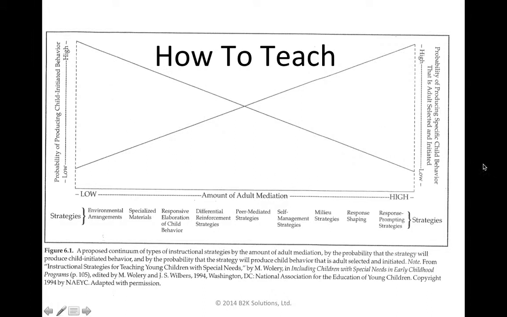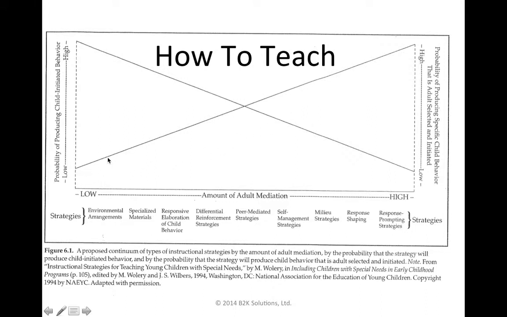So the way this grid works, if you will, is if you want a low probability of the child initiating. So let's say it's not what you want. You don't want the kid to be the initiator. You want the kid to be the responder, or the opposite, which is you want the child to be able to produce a very specific behavior that the adult has selected and initiated.